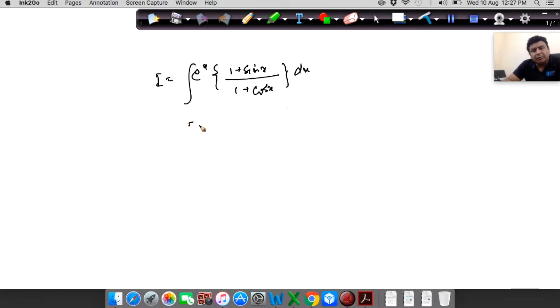So clearly we have e to the power x, break 1 plus sin x. Sin x you can write 2 sin x by 2 cos x by 2. 1 plus cos x is 2 cos square x by 2.